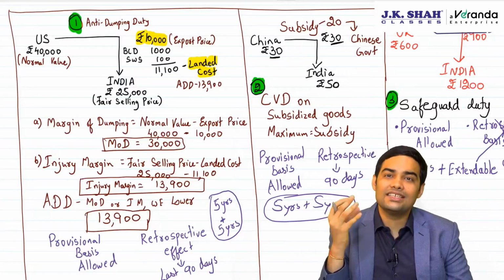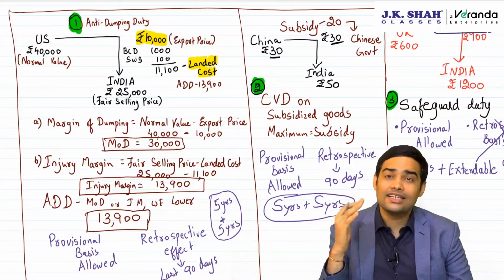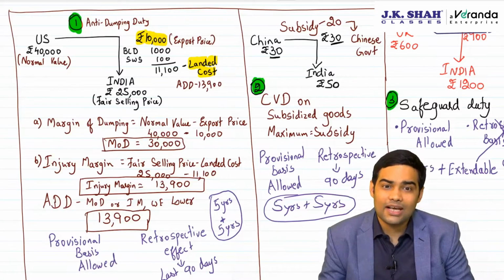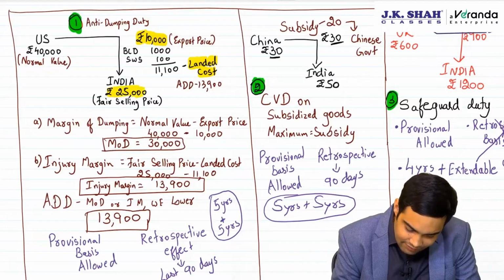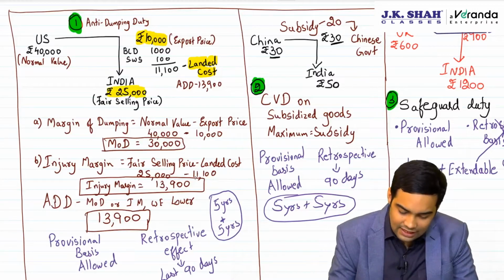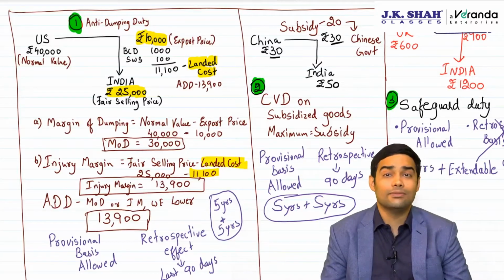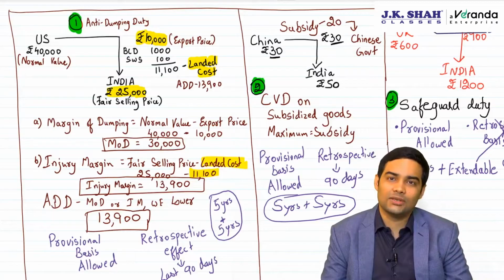Injury margin is the effect which is caused on the Indian manufacturer. How much effect is happening to the Indian manufacturer? Fair selling price minus landed cost. What's the fair selling price? 25,000 minus 11,100, which is the landed cost to the importer. So fair selling price minus landed cost is the injury margin.